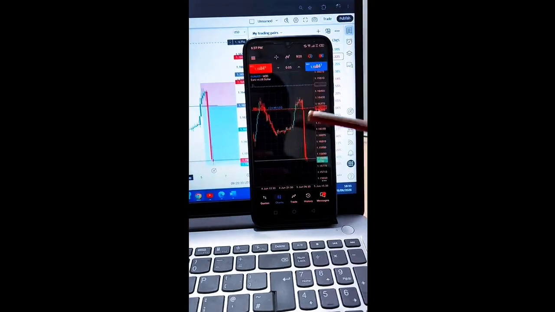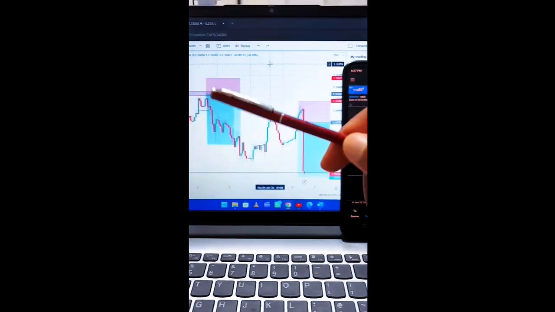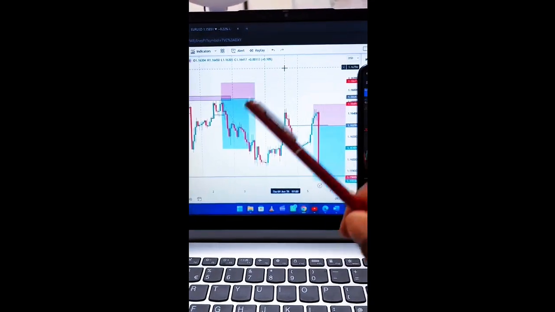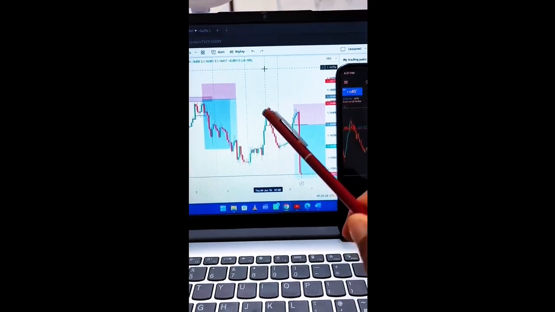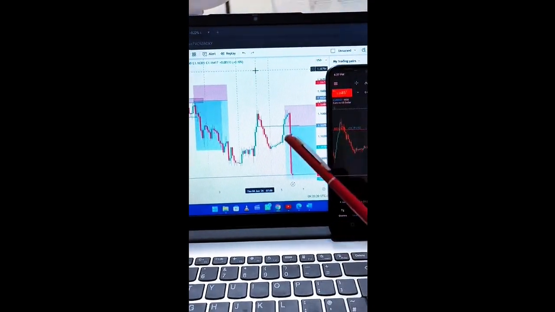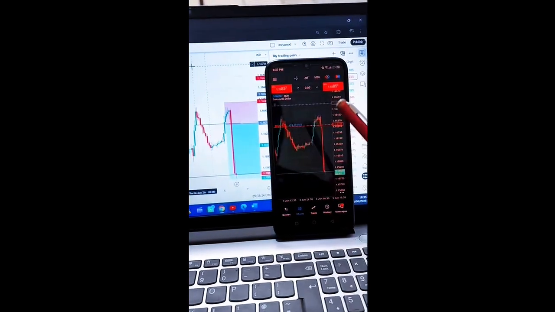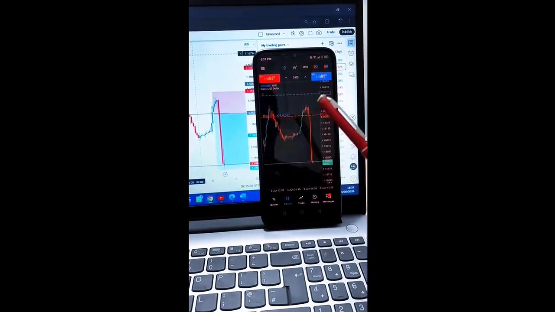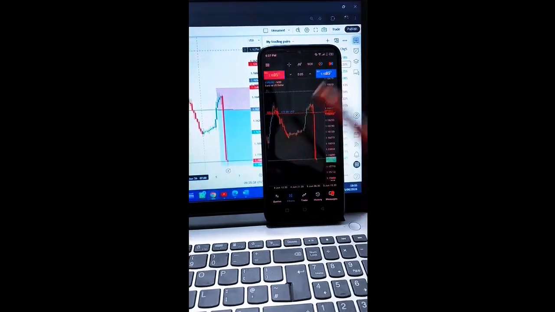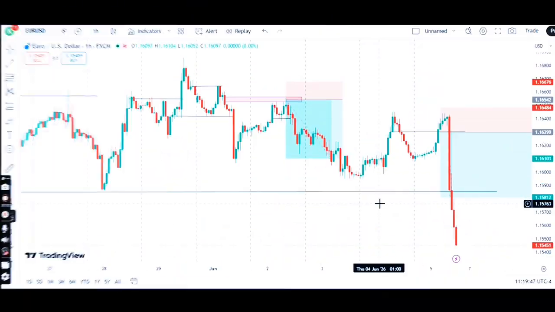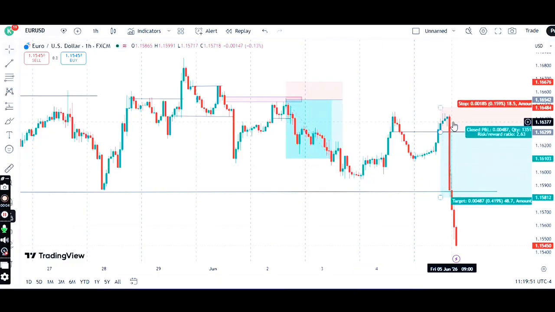This is NFP. Alright, so as you can see, this is EURUSD. The market returned to this particular order block here. I entered at this particular position, and boom, this is how it is going. It is a news day. That is how we trade. So this is exactly how the trade is going.